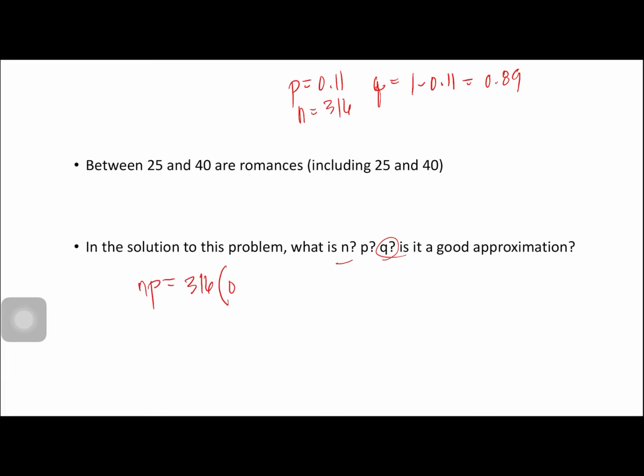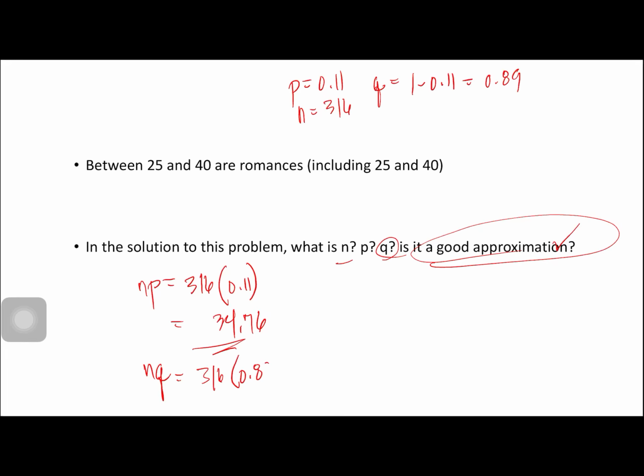We have np is equal to 316 times 0.11, that is 34.76, and that is greater than 5. So it means that it is a good approximation. Let us test nq. We have 316 times 0.89, that is 281.24. So it is a good approximation.